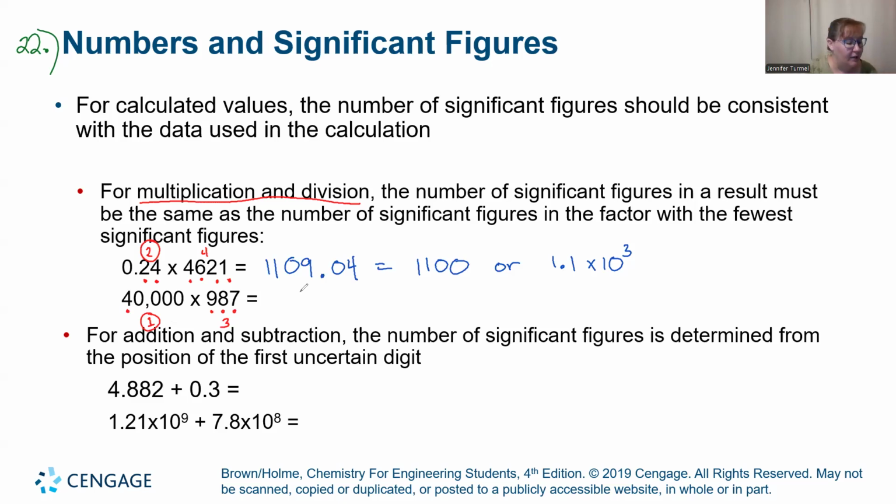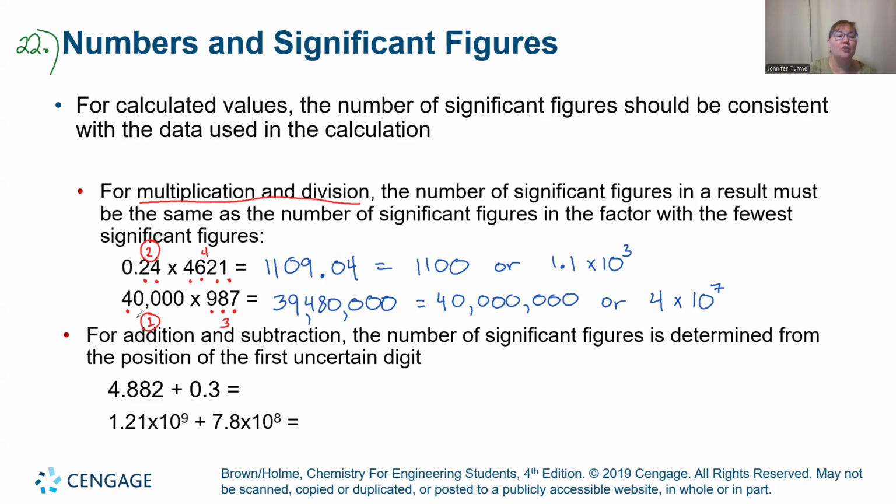When we multiply these together, and feel free to be multiplying these as well at the same time, what we get is 39,480,000. Now this is the value we get, but we can only have 1 significant figure. So this becomes 40 million, or 4 times 10 to the 7th.